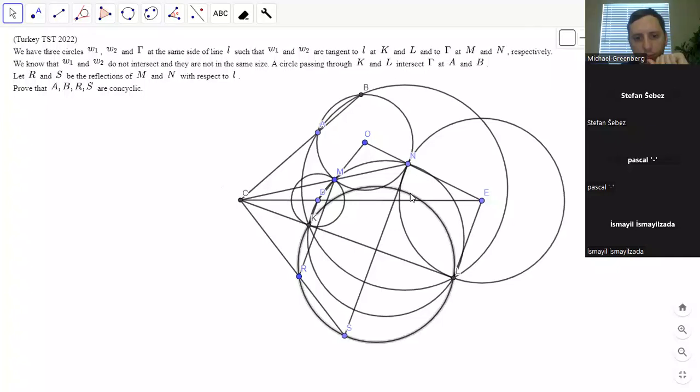Step one is showing that MNLK is cyclic. And let's think about that. That feels like it's just an angle chase, like you said.